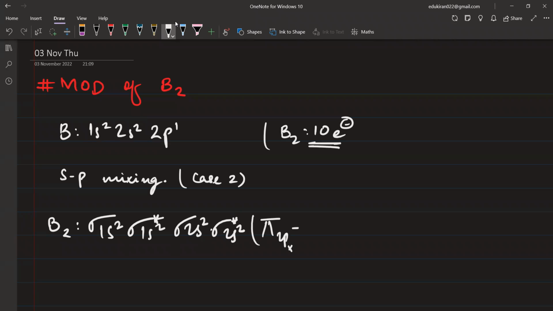Now, we are going to fill the electrons how? I hope you remember the rules. Can we fill any more electrons here? Are the 10 electrons filled? Yes. So 10 electrons are filled, and we cannot fill more.